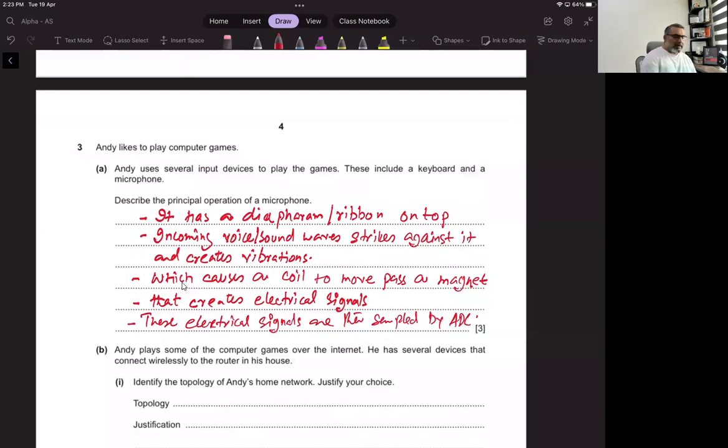Vibrations means that the diaphragm is connected to a coil. Those vibrations move the coil, and in the presence of a magnet, that creates electrical signals. All right. These electrical signals are then sampled by ADC.